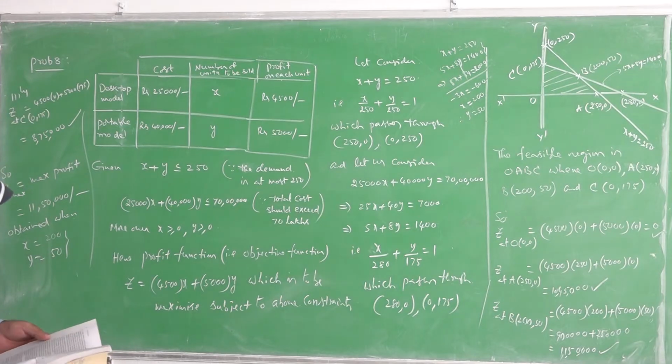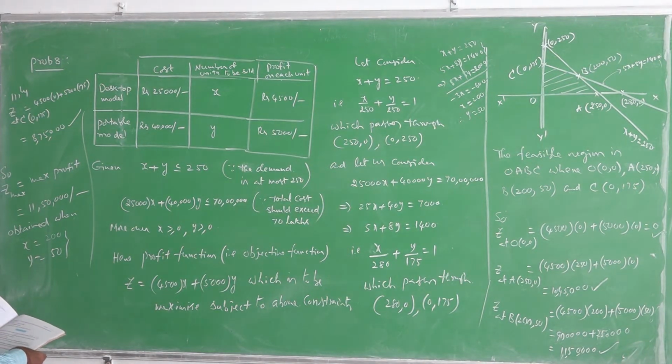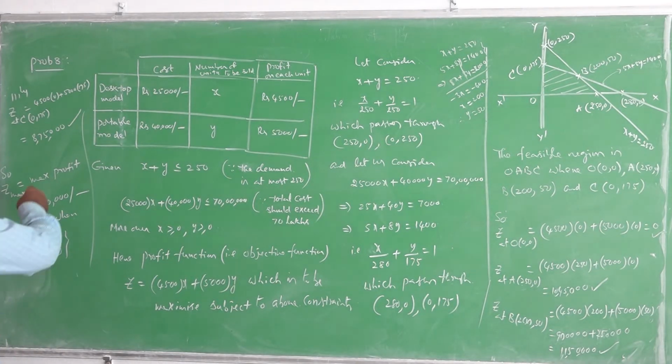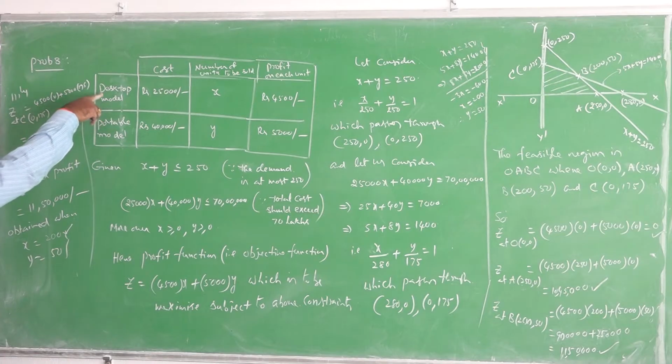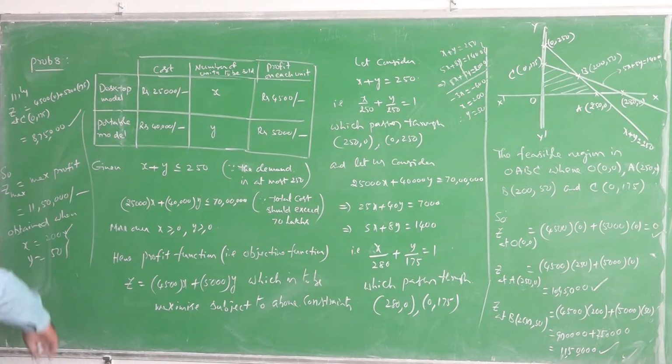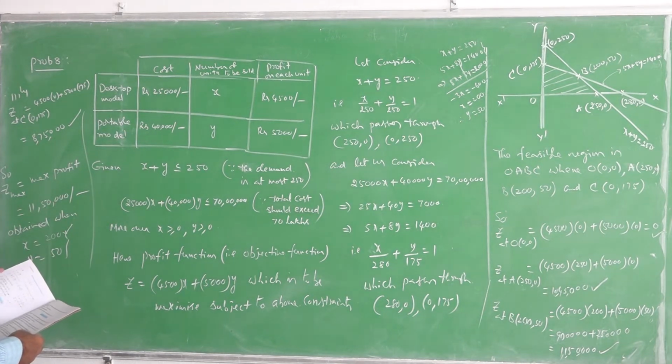This is a maximization of the profit problem. 11 lakhs 50,000 is the maximum value, and 200 units of desktop models and 50 units of portable models are to be sold to get this maximum profit. That is one important problem.